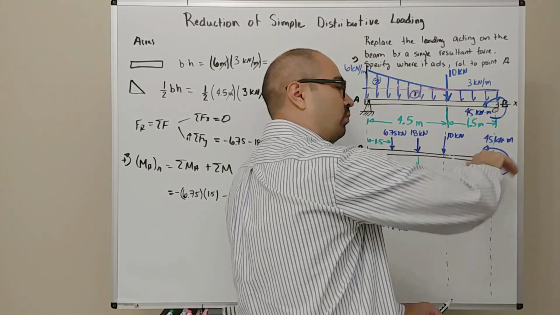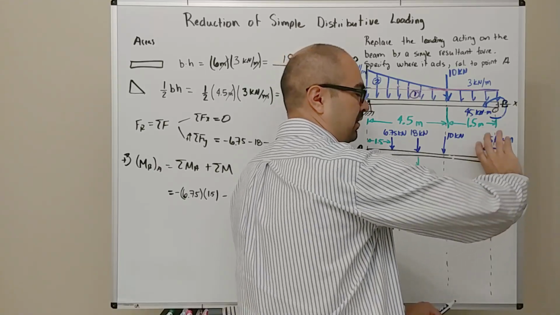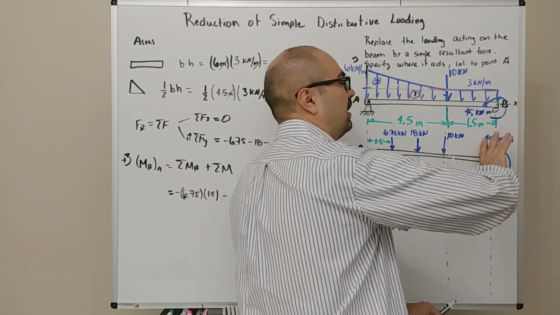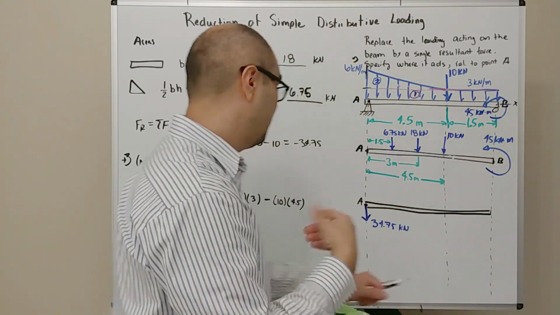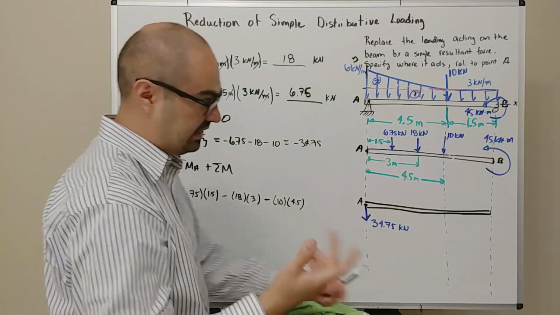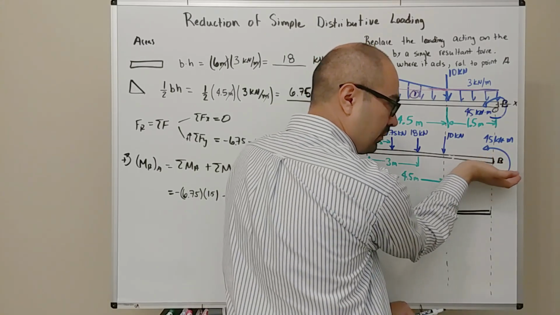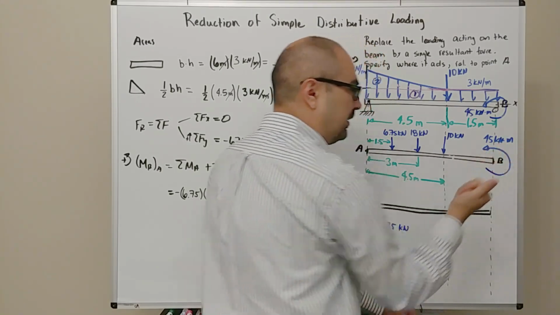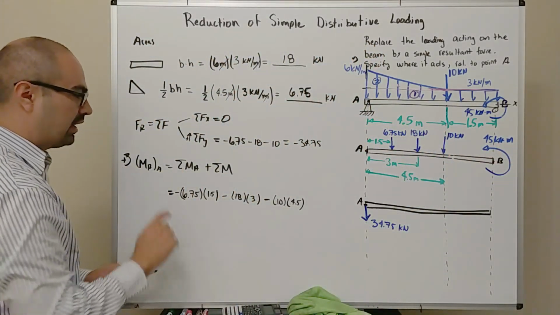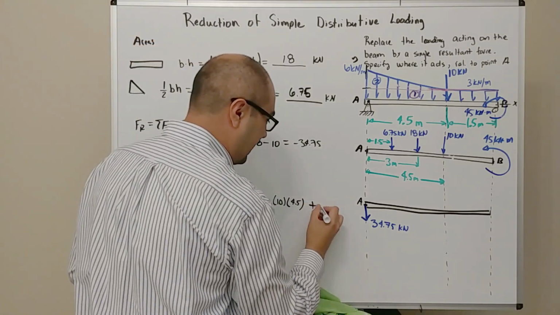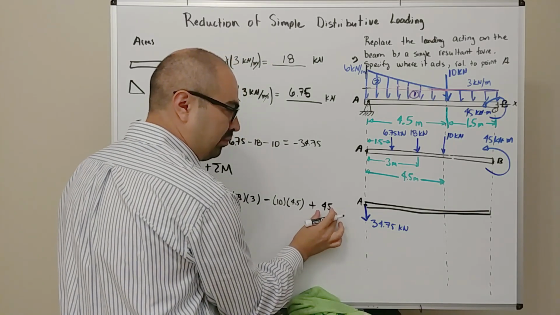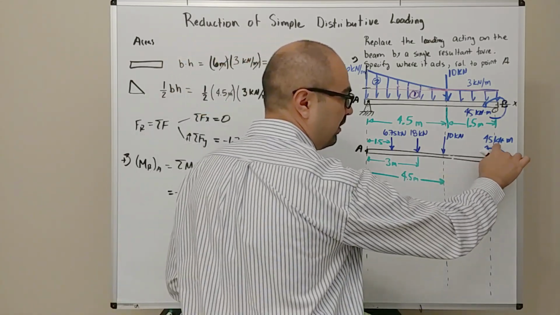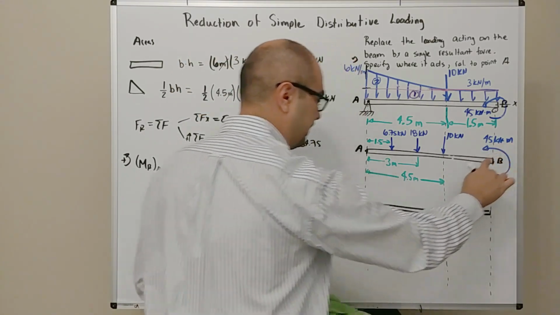Because if it was oriented in the negative, if it tried to rotate the body clockwise, I wouldn't add it, I would subtract it. In this case, because this couple moment is oriented in the positive direction, I am going to add it, and this just adds as 45. I don't need to multiply it, because that's already a moment. It already has units of force times distance.